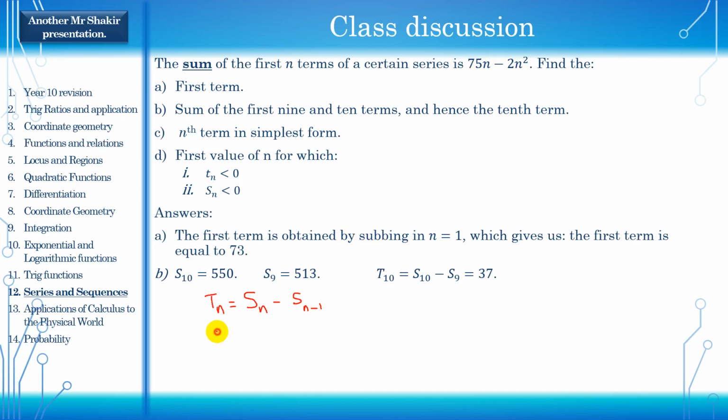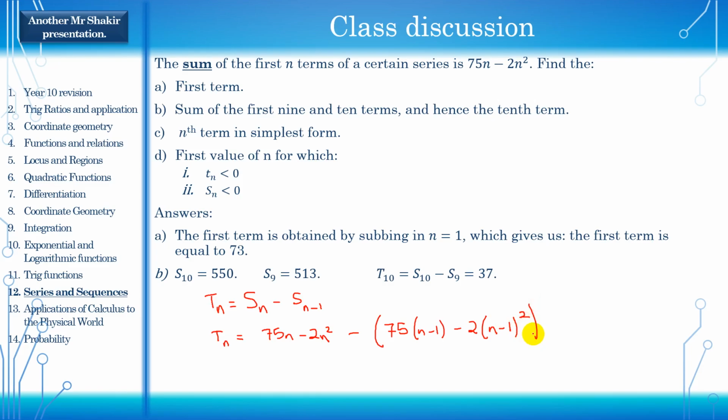T of n is equal to, and we know S of n is the sum of the first n terms, so 75n minus 2n squared, minus, remember there's a minus here, and anytime we substitute in, we always use brackets. 75, instead of n, I want n minus 1, minus 2, n minus 1 squared.